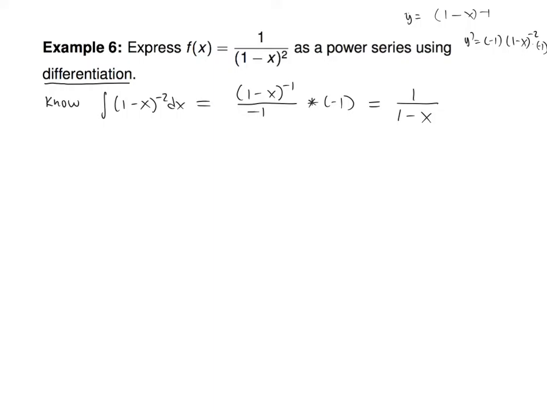Because this is true, and we could actually even add plus c, the derivative of 1/(1 - x) is equal to 1/(1 - x)^2. Do you buy that?